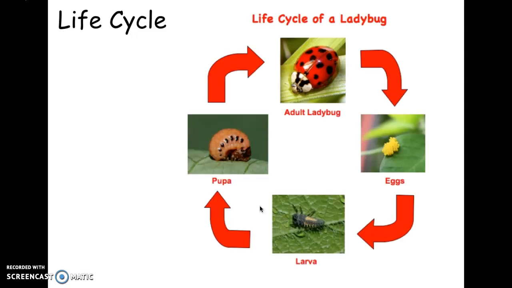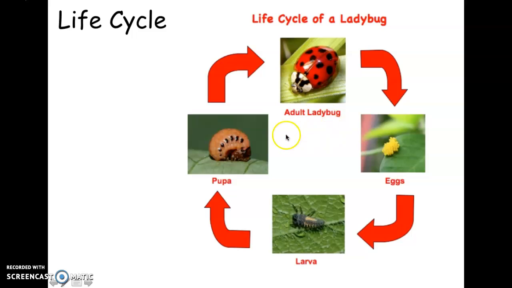Life cycle. Do you know what life cycle is? Life cycle is the cycle of your life from when you're born to when you die. So ladybugs, they have eggs. From eggs, they become larva, and from larva, they become pupa.